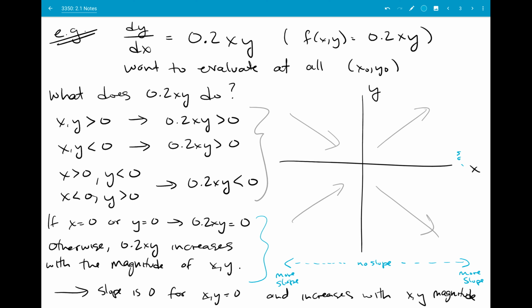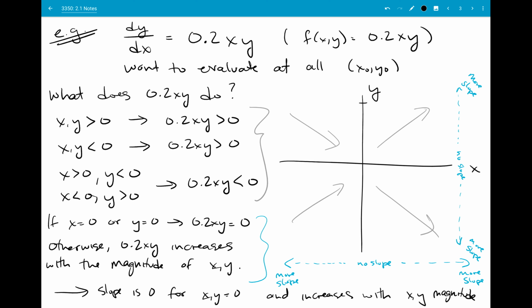So no slope when y is 0, but then more as we get further and further away from 0. Those are the rules that we learned from plugging in different values of x and y into f of x, y equals 0.2xy.